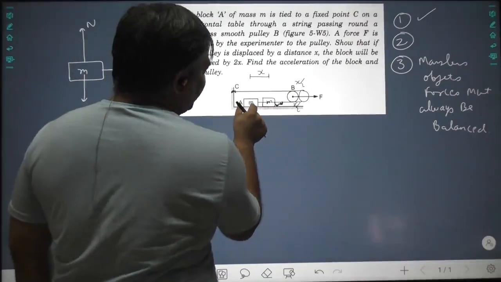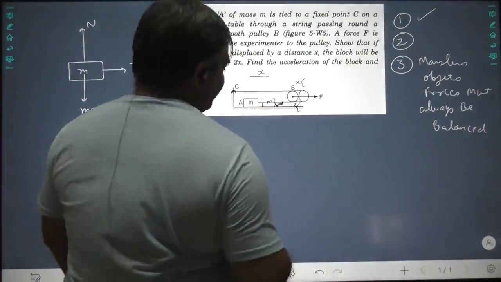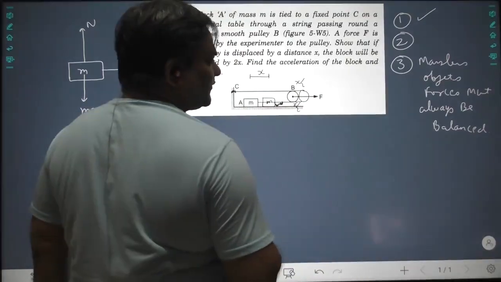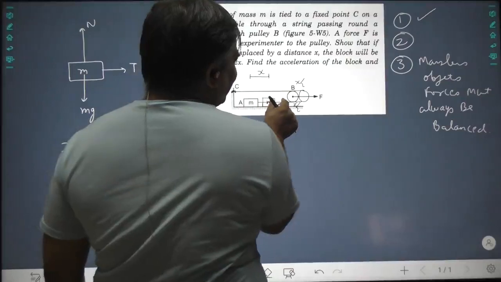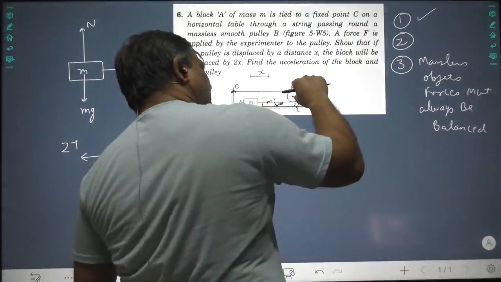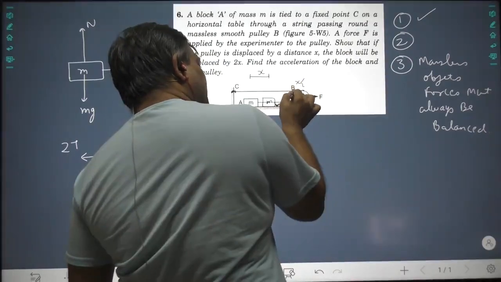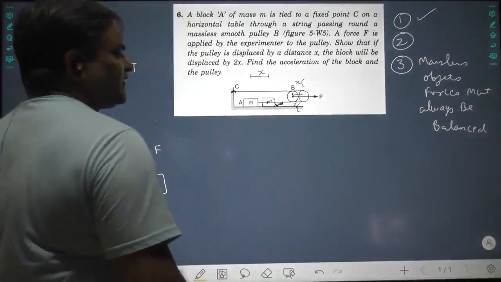So if this moves x, the string freed will be only x. But this freed string of x length will get divided into 2 equal parts, x by 2 and x by 2. Then this point B will move a distance of x by 2.